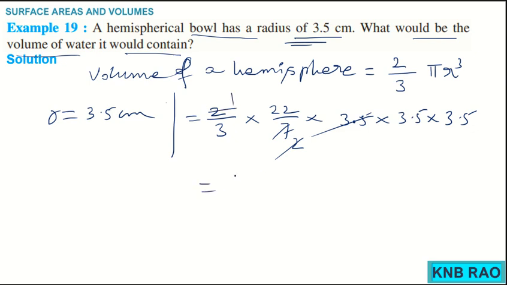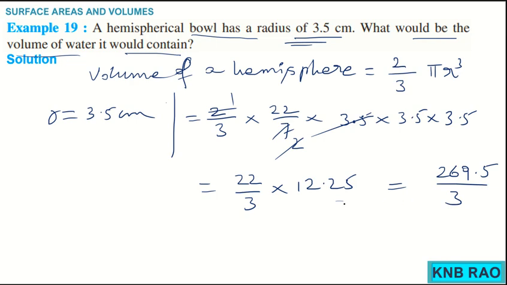So now I am having 22 by 3 into 3.5 multiplied by itself, which gives you 12.25, and 12.25 multiplied by 22 is 269.5 by 3, and the division will give you 89.83 bar centimeter cube. So this is the right answer.